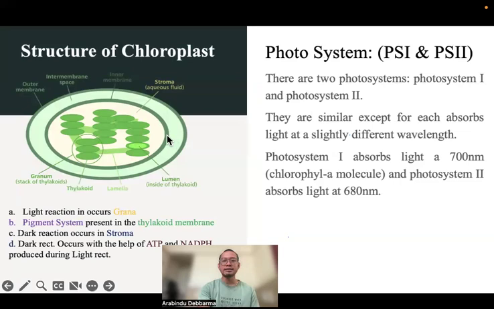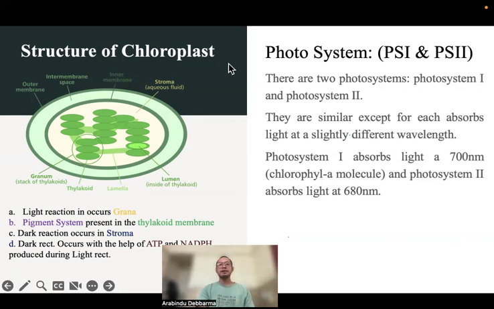Inside, there are thylakoids, and the thylakoids stacked together form a granum. You can just say it is like a number of coins put together, and they form the granum. The thylakoid is also made up of a membrane, and inside it is called the lumen.